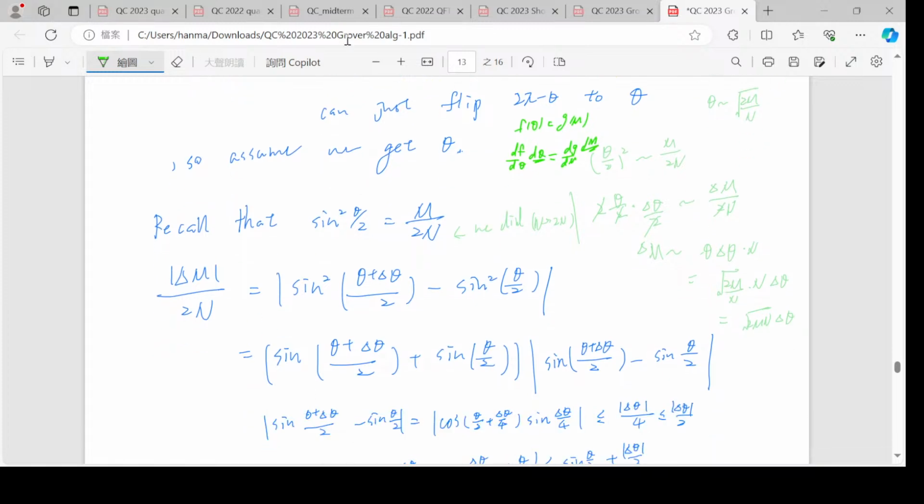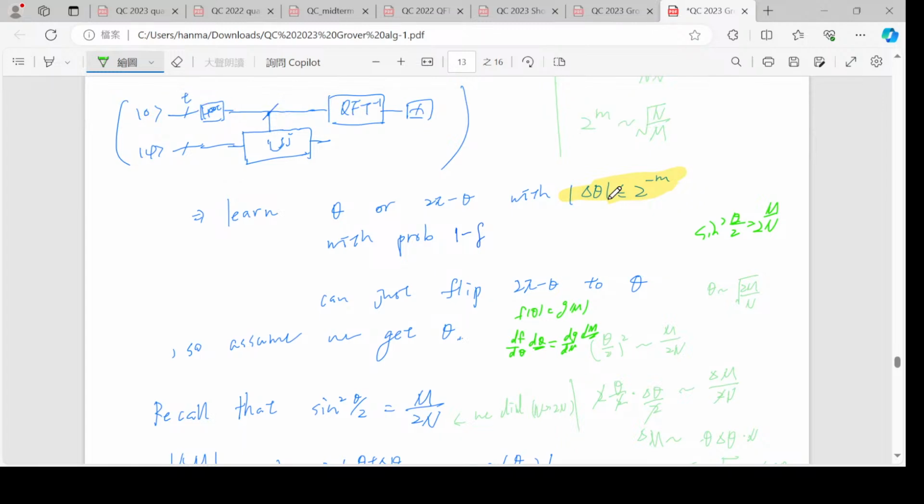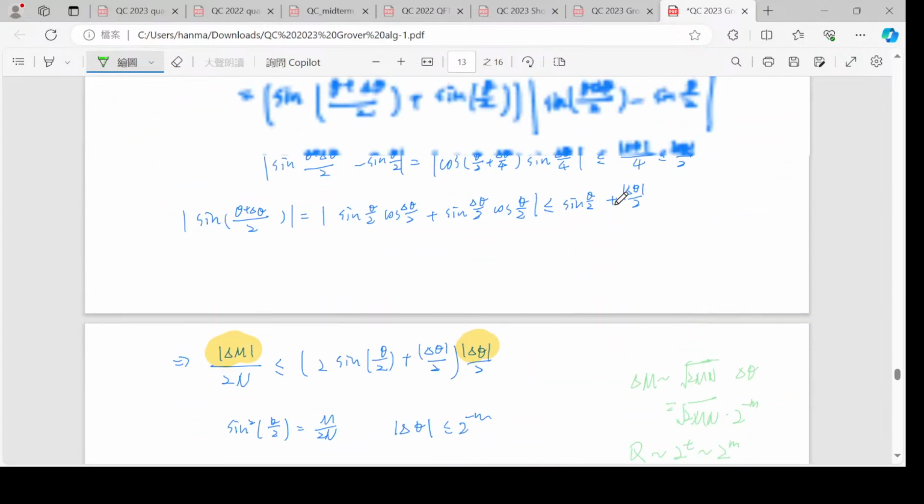Then we want to express this theta in terms of m again. From here, theta is about the square root of 2m over n. Putting everything together, dn is about the square root of 2n d theta.